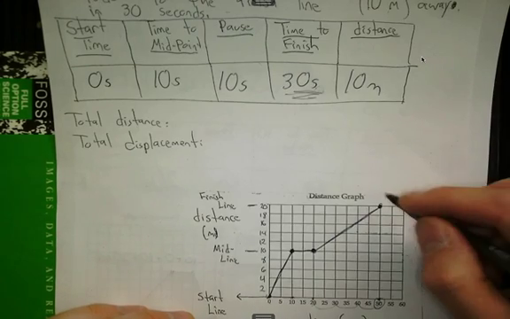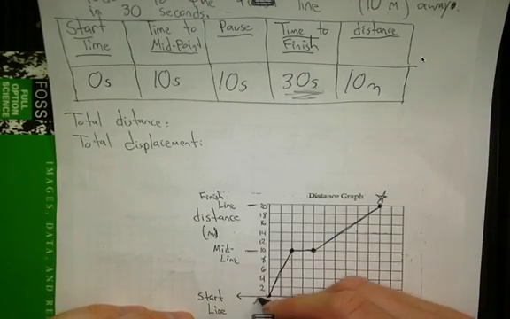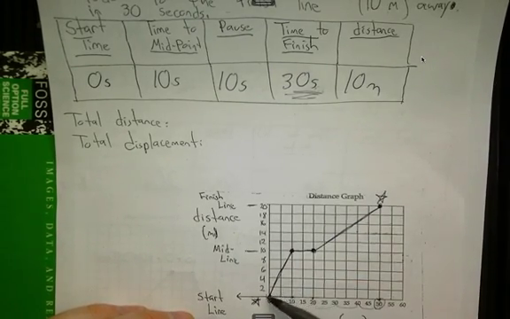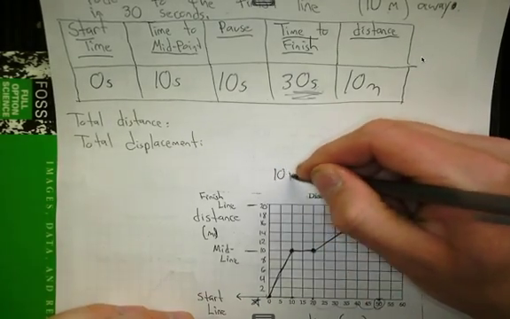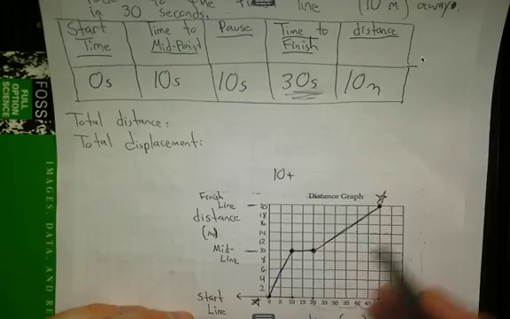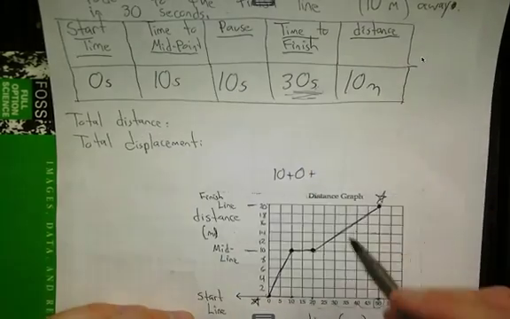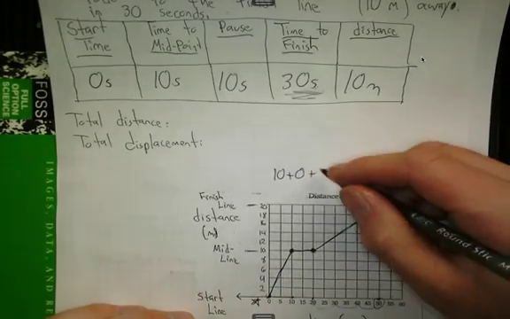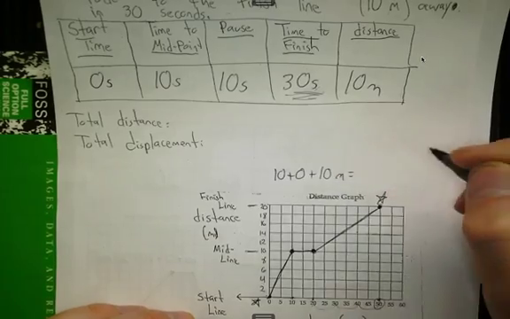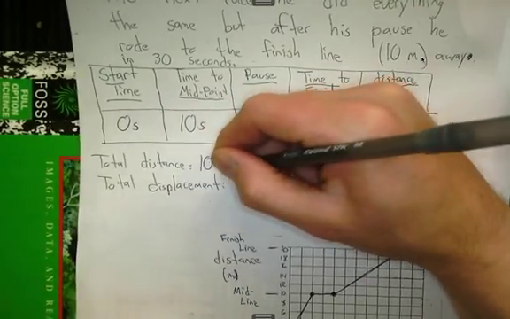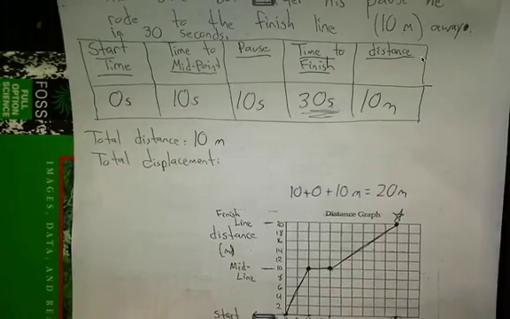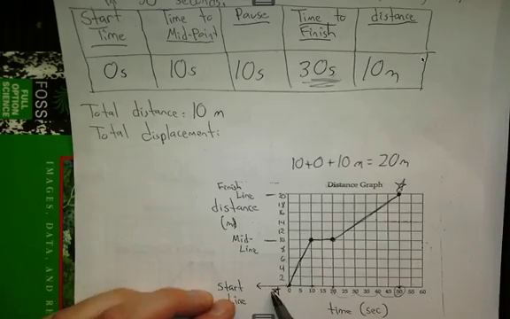Now let's find our distance. How far is this point from our starting line? So we add 10 meters, plus the rest, he went no meters, plus another 10 meters. So his distance is 20 meters. Now his displacement, how far did he end up from the starting line?